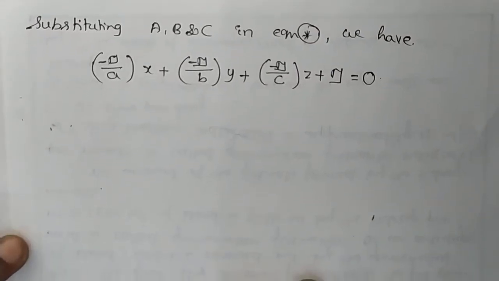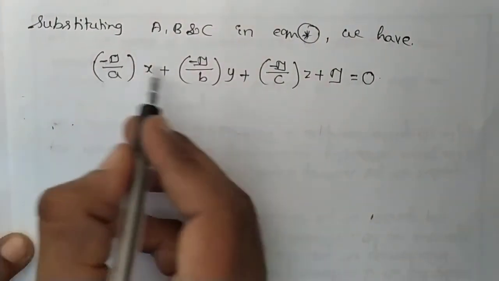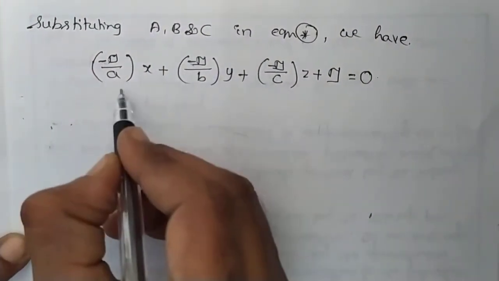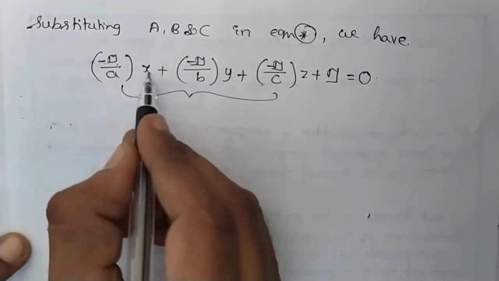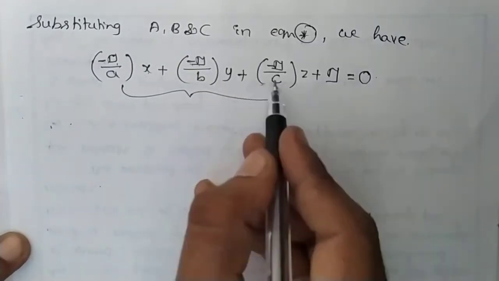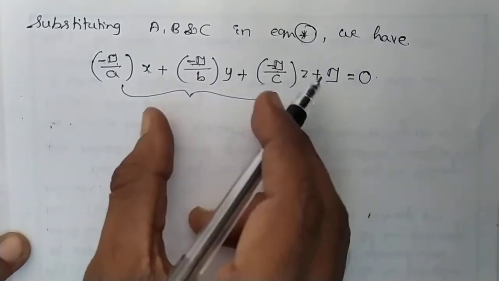Now here we have minus D, minus D, minus D. Send this minus D by A into X, minus D by B into Y, minus D by C into Z to the right.